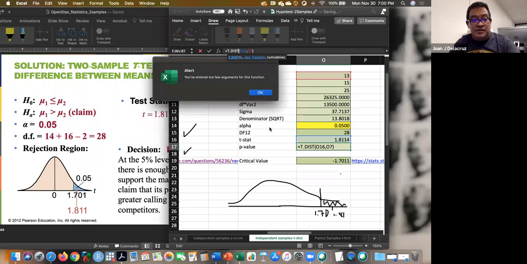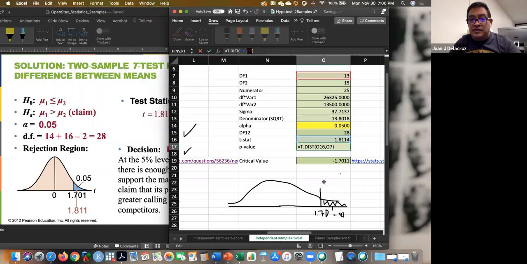Should be this one. Hold on. Let me rewrite this equation.